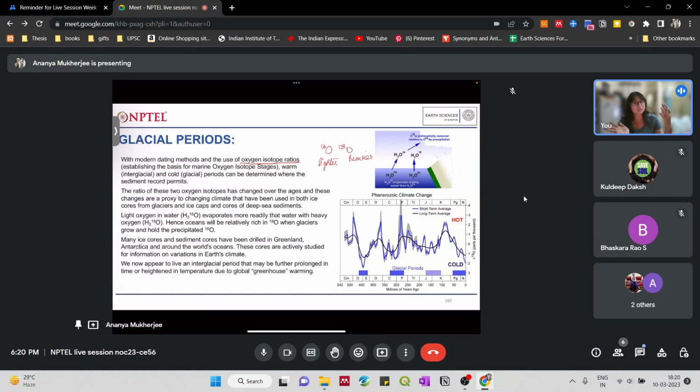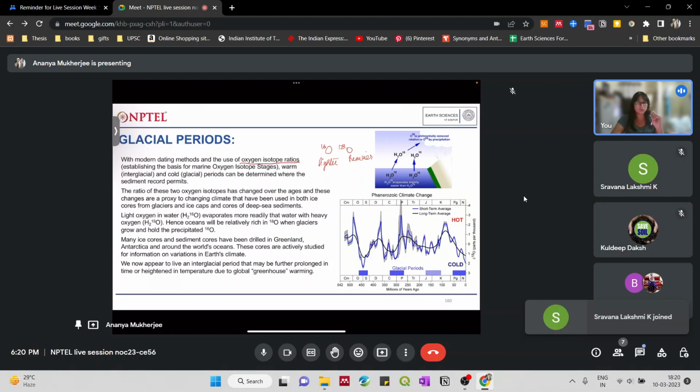So oceans are usually rich in O18, whereas the glaciers will be more rich in O16. So this ratio, if you find out, is going to help you to understand that at this age of the glacier, this was the climatic scenario over there.